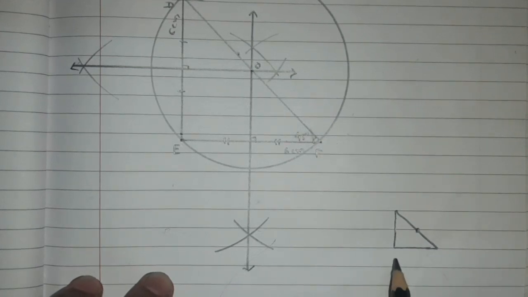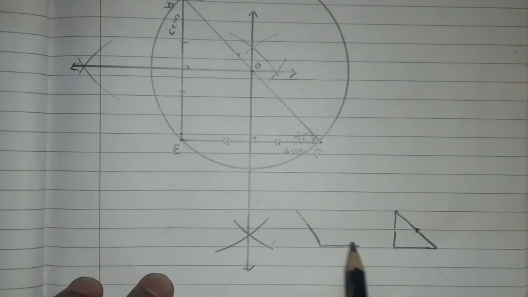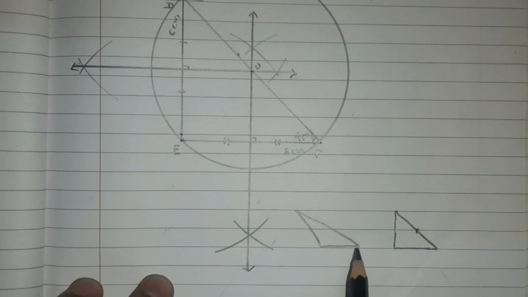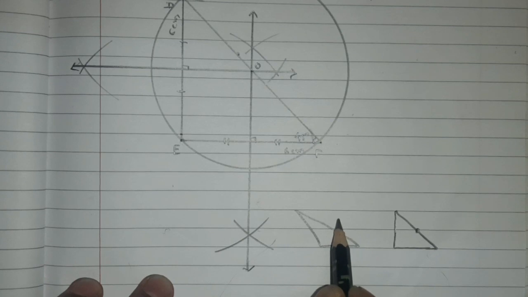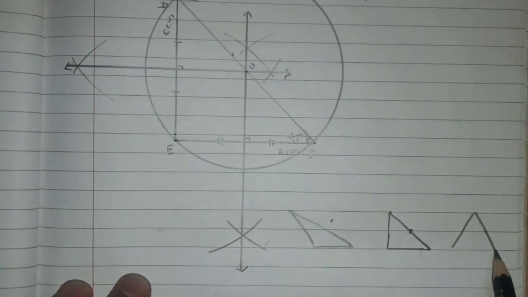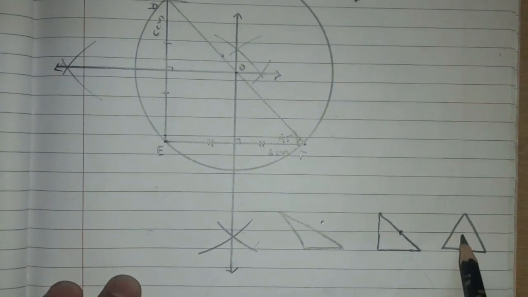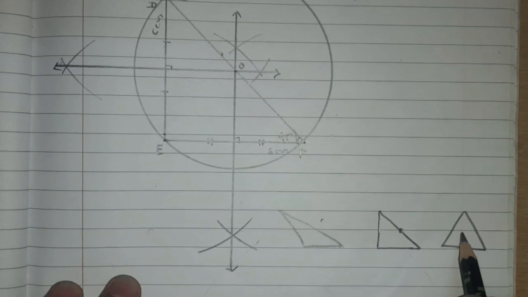If the triangle is obtuse angle triangle like this, then the center of a circumcircle is exterior to the triangle, and when the triangle is acute angle, then the circumcenter is inside the triangle.